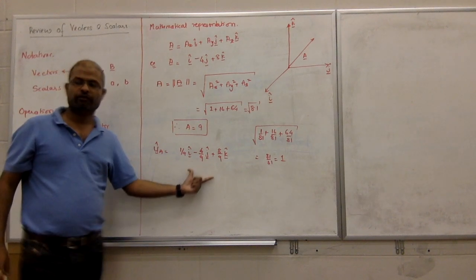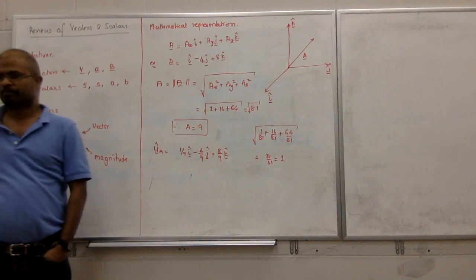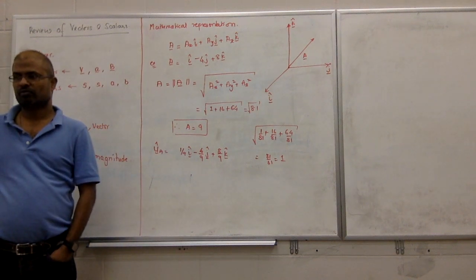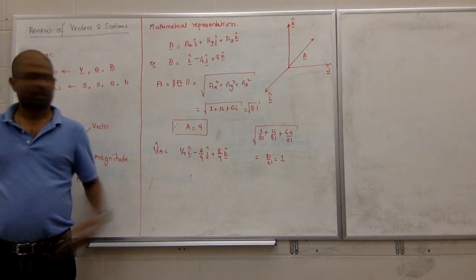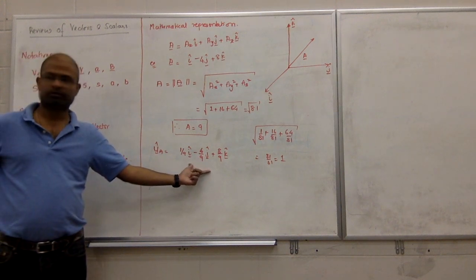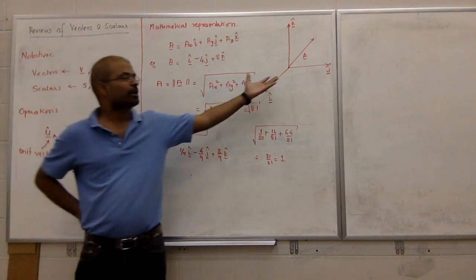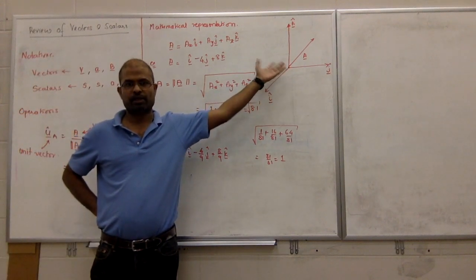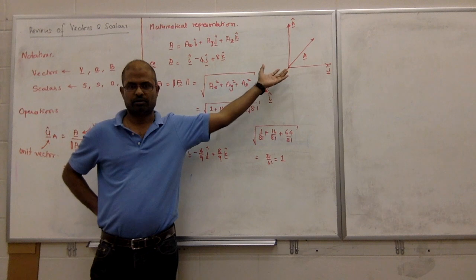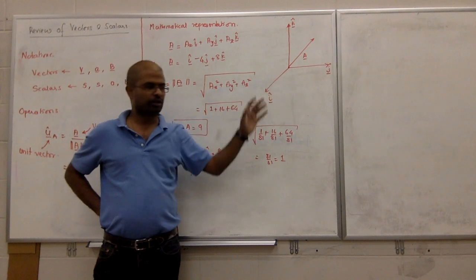What is direction a function of? Direction is a function of the established basis. What is the basis here? IJK. Got it? So think about this.